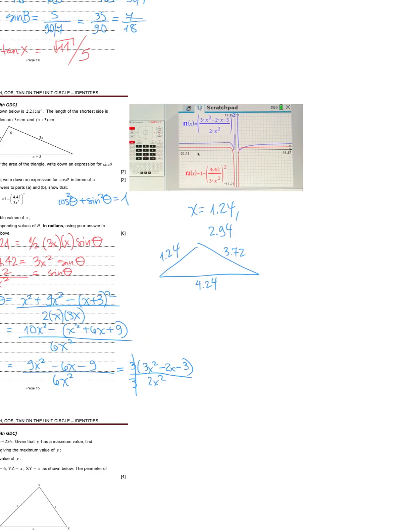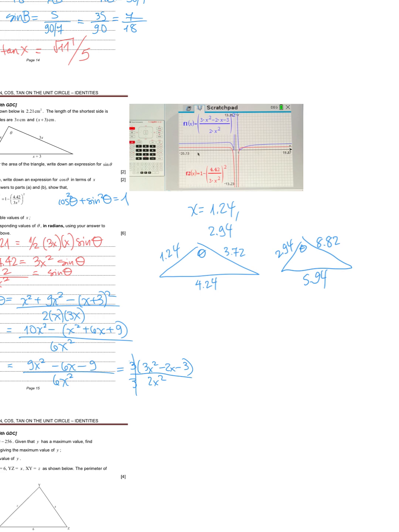So that's one triangle. And then the other one is 2.94, because theta's here. Theta. And then we have 2.94 times 3, 8.82. And I probably wouldn't just use the rounded, but whatever, I've started. And then we have 5.94 here.